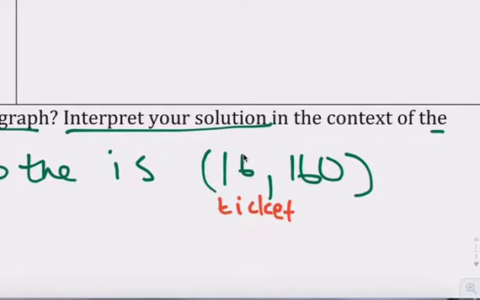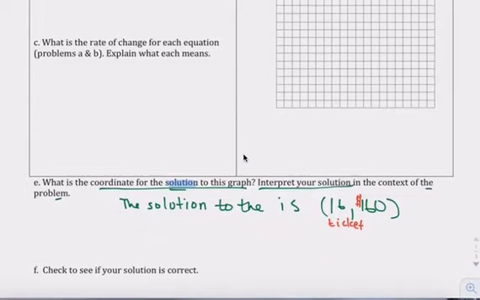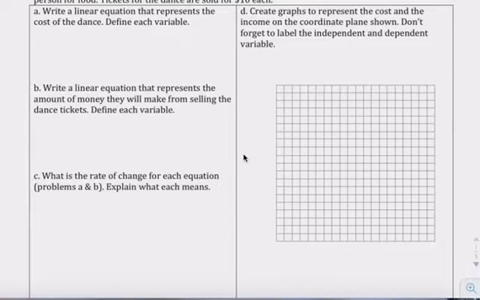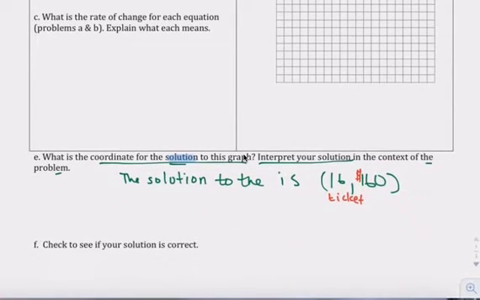Okay, and this is the dollar. So what it means is where the two lines meet is that at 16 tickets, or people showing up, the cost and income are equal to each other, so you make zero profit.